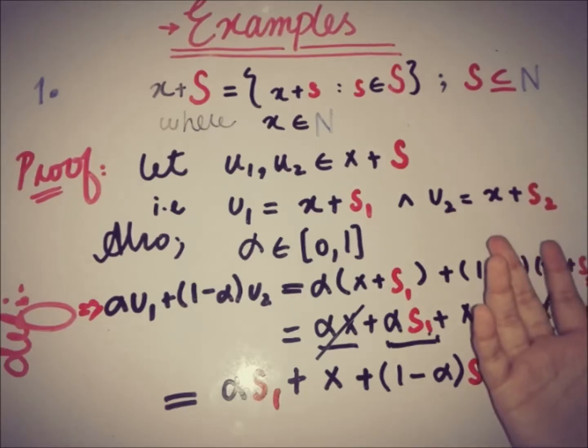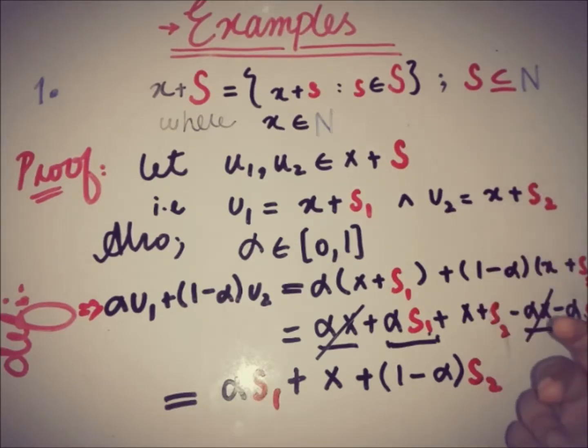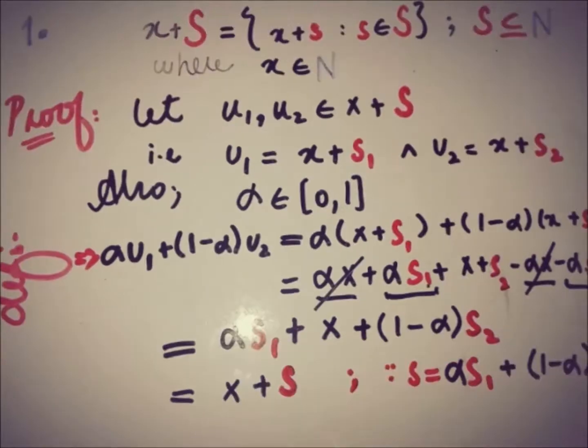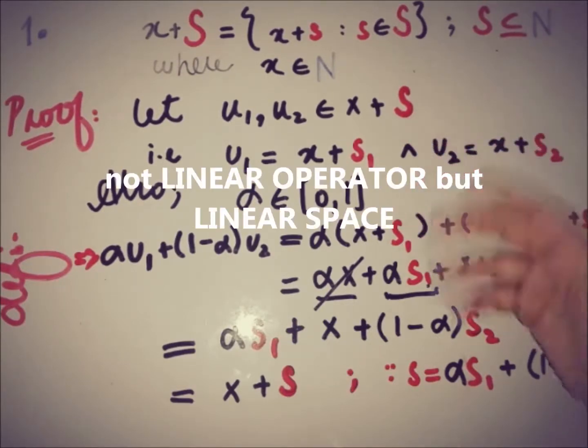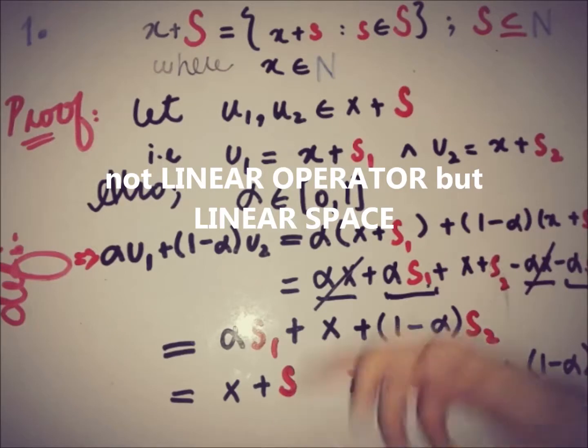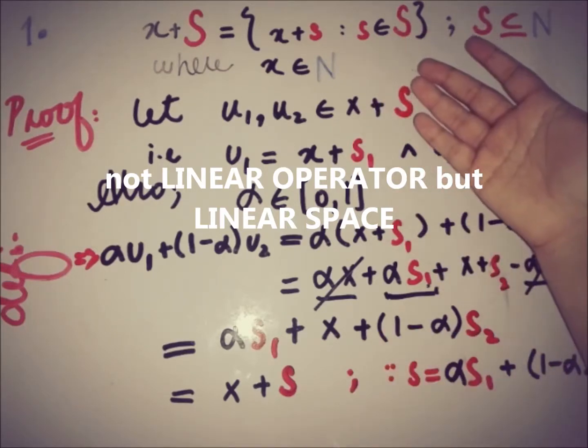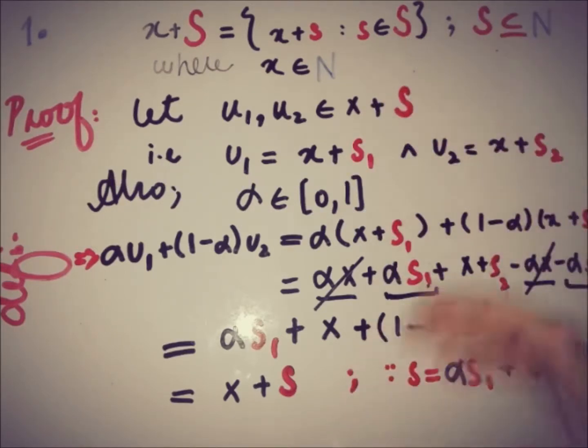So we can write in place of this thing an element of that subspace, just like this: S equals alpha S1 plus 1 minus alpha S2, and this whole thing is a member of that S, the subspace of the linear space. So we have X plus S, and this is an element of this set.